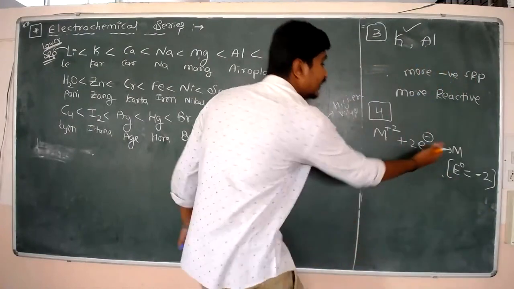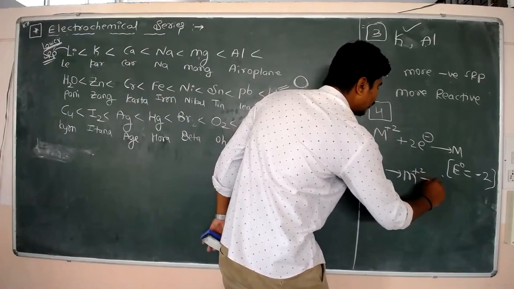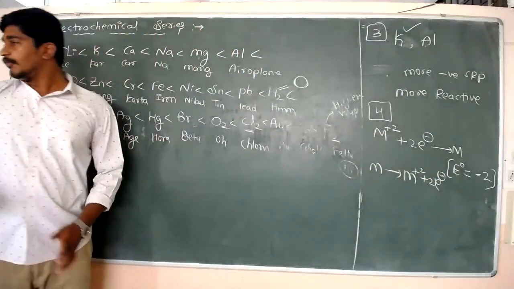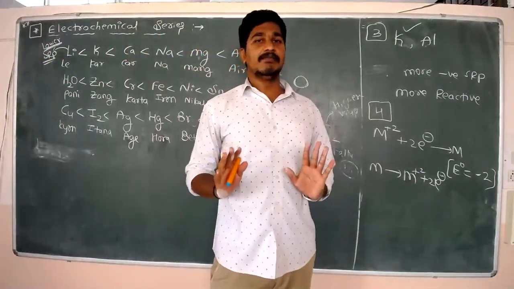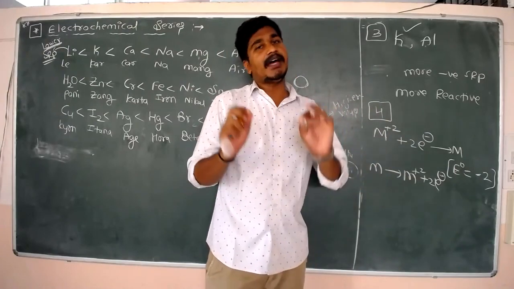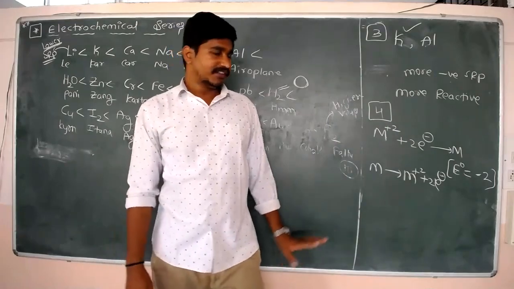Again, a very important point: if you reverse the reaction, here I am writing the reverse reaction, M goes to M N plus 2 plus 2 electrons. What happens to the SRP value? We came to know that after multiplying or dividing by any number, SRP remains the same. That is the first point.